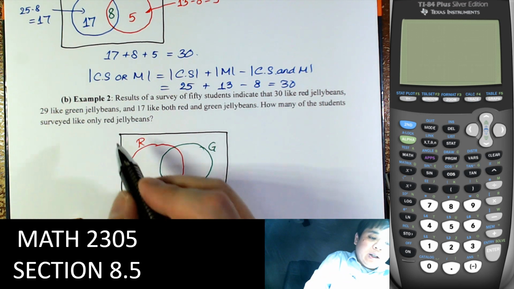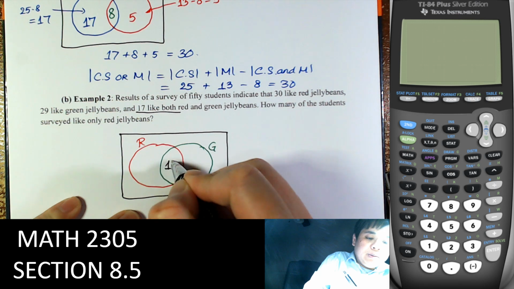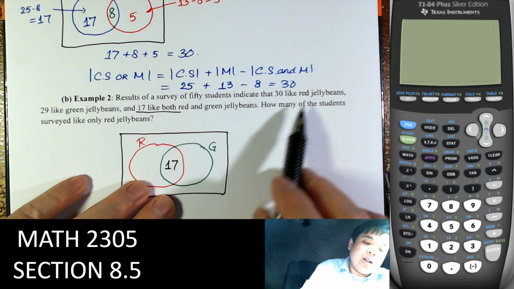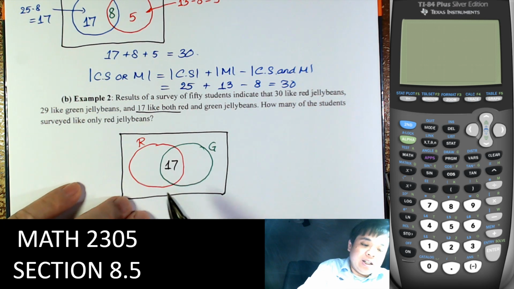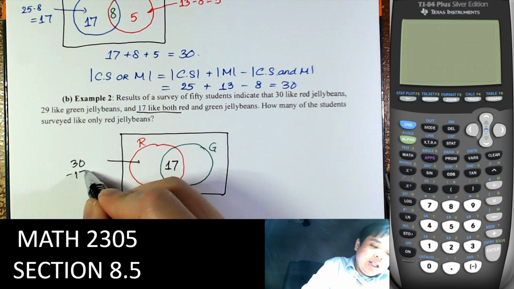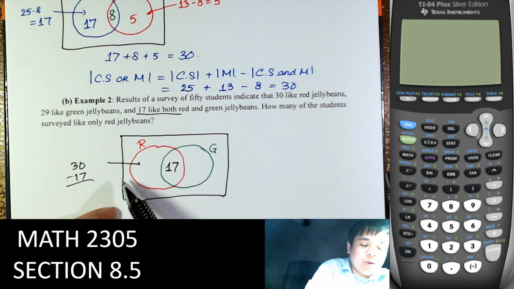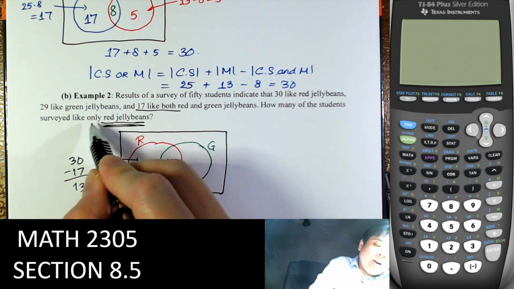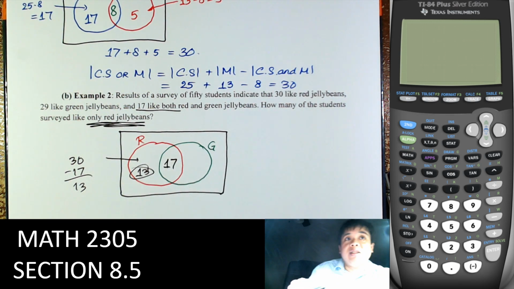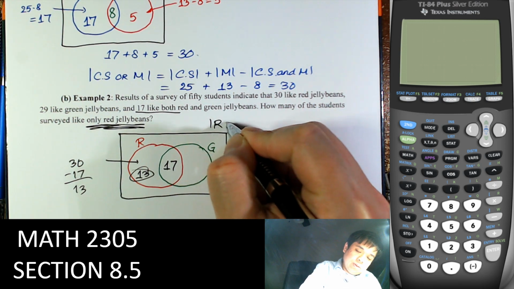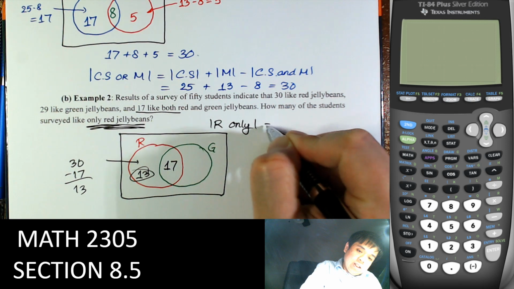And then we start with 17 that like both. And with that, there are 30 that like red jelly bean. Of course, that includes the overlap 17. So to do that, we take 30 that like red, subtract the 17 that like both. We have 13. And the question asks how many only like red, so that would be 13. Red only, that would be 13.